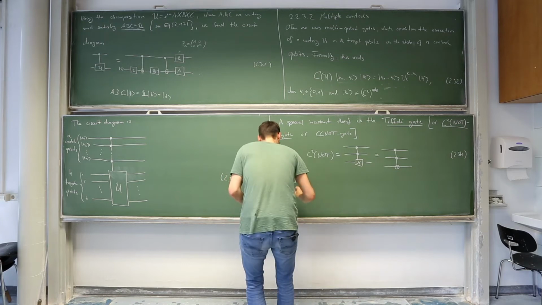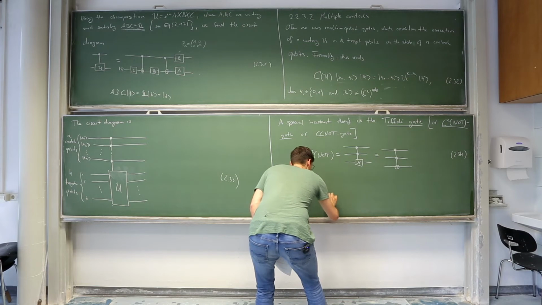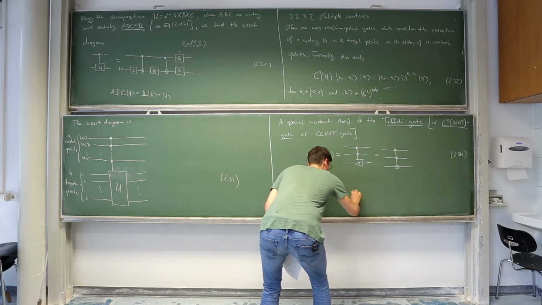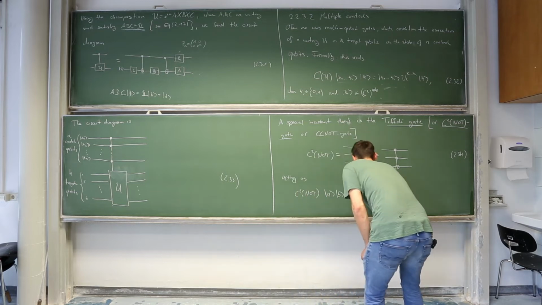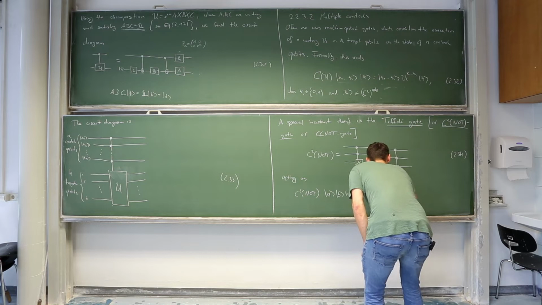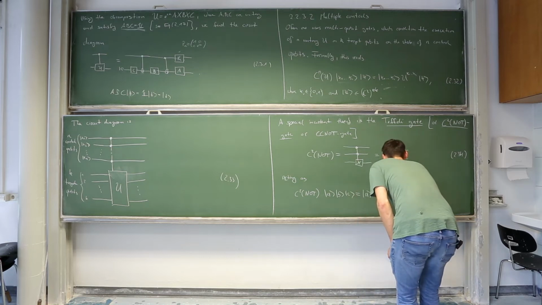How does it act? So we have C2NOT acting on, say, A, B, C. We get A, B, and then C plus the addition modulo 2 of AB.